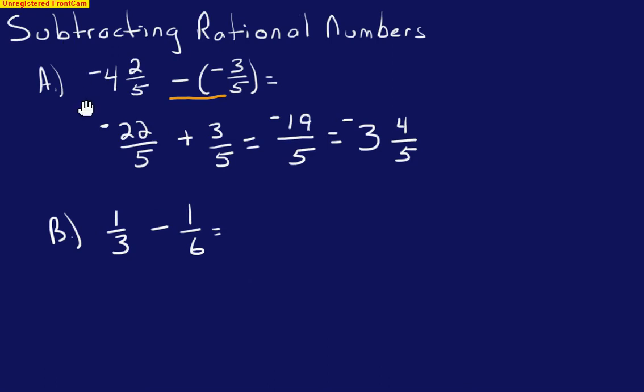So I'm going to write it again below, and we have 1/3. But when you make this an addition problem, you slide that negative over to the 1/6. See how I just moved that over to 1/6 and put an addition? So that's the other type of subtraction problem, how to make that an addition problem.